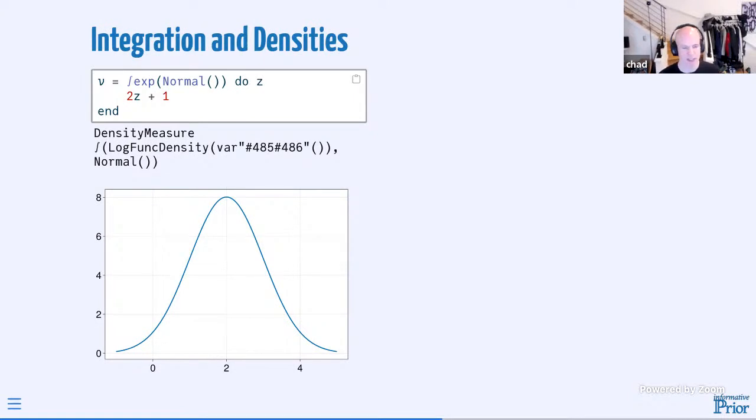And I'm integrating that on top of a normal measure. If I do that, I get this density measure object. And if I plot that density, it turns out to be the right thing. So you put a linear function on top of a normal, you get another normal.